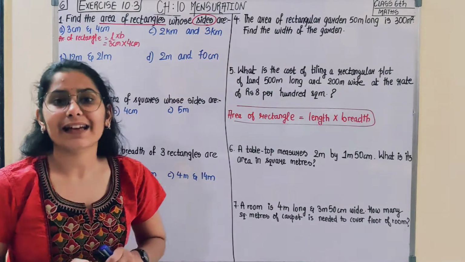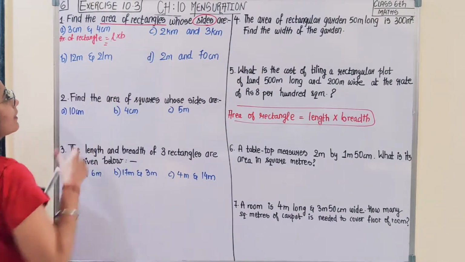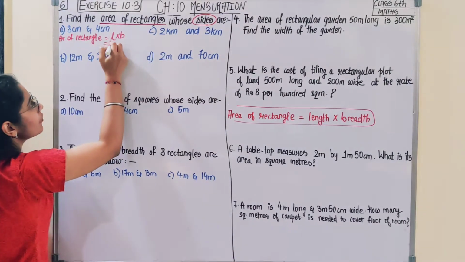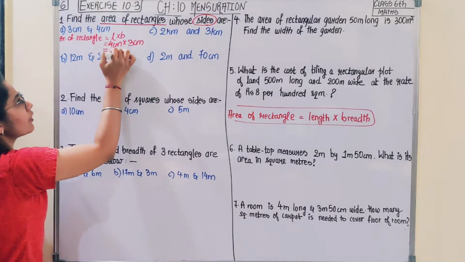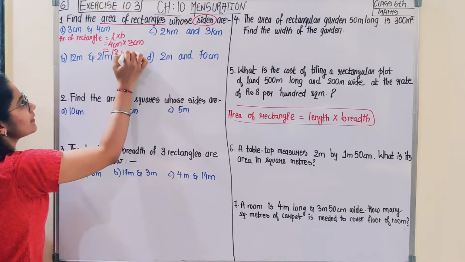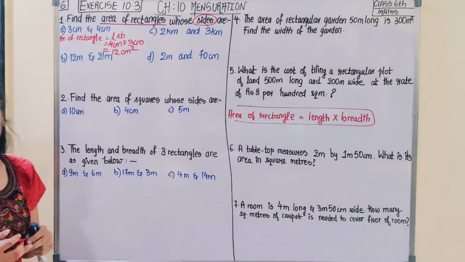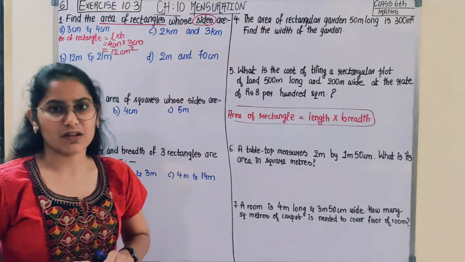This is the incorrect way, because you have to write length 4 cm into breadth 3 cm. 4 3s are 12, centimeter into centimeter, centimeter square. So this is the area of the rectangle with these 3 cm and 4 cm dimensions.